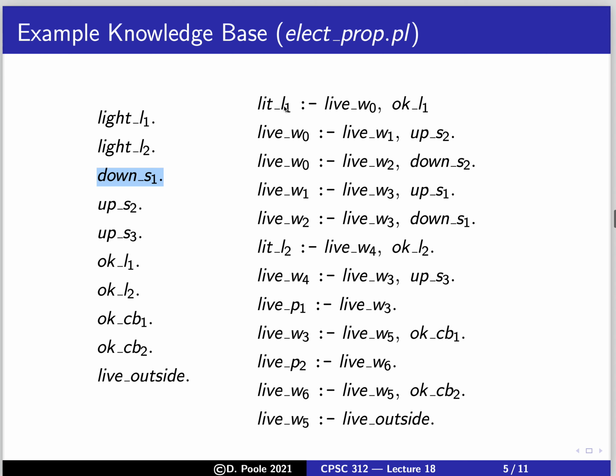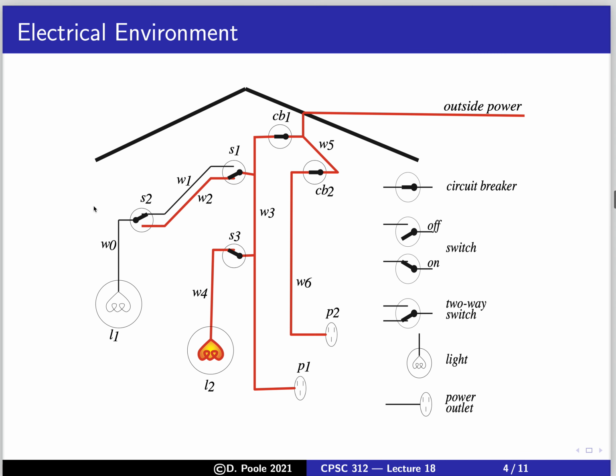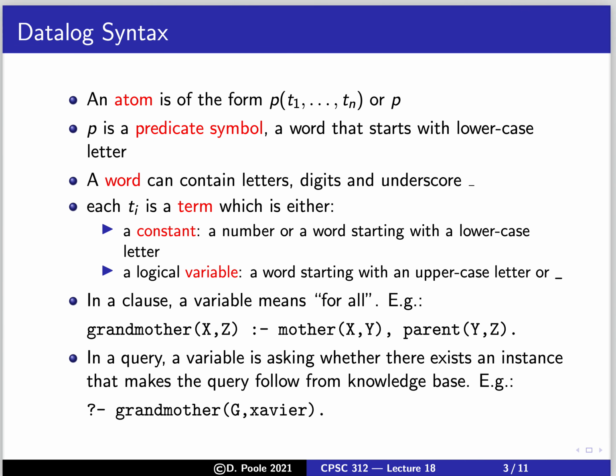And here's a rule. L1 is lit if W0 is live and L1 is okay. So let's go back to here. L1 is lit if W0 is live and L1 is okay.